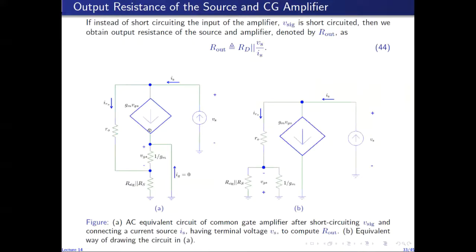I have connected this end of the current source directly to ground, because it is directly grounded, and this end of R naught is connected to the common terminal of these two resistors, and the other two terminals of these two resistors are grounded. So this is actually the same circuit as this one. It just makes it easier to analyze.